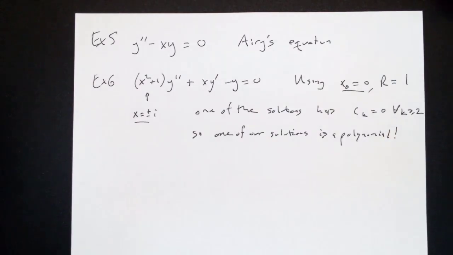The other one happens to have a power series expansion that goes off to infinity. But this one actually just terminates. So once we find, hey, this is 0 from here on out, that means that solution's a polynomial. That makes my life a lot easier.